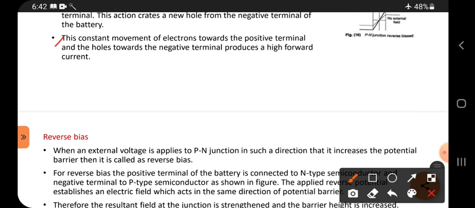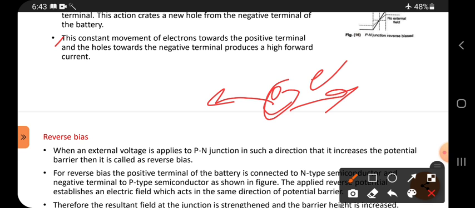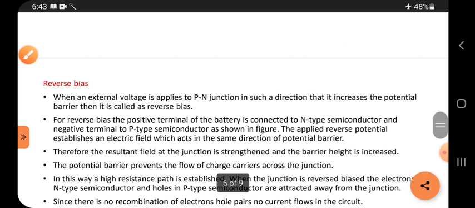This constant movement of electrons towards the positive terminal and holes towards the negative terminal produces a high forward current. So the bond breaks, the electron moves this side, and here a hole is created that moves in the opposite direction. Like this, electron hole pair generation takes place.